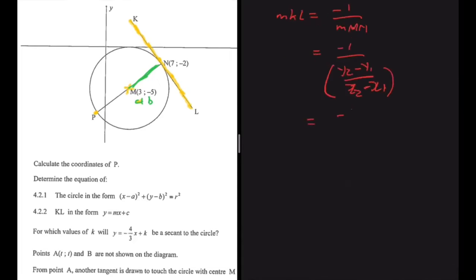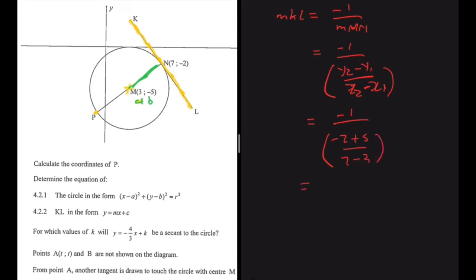So minus 1 divided by y2, so let's take n as the second coordinate, so that will be minus 2 minus 5, so that will be plus 5, and then divided by x2, so we have 7 minus 3, right?